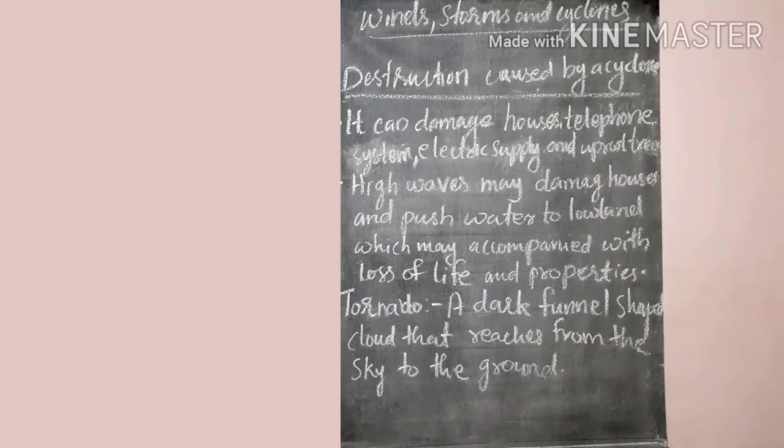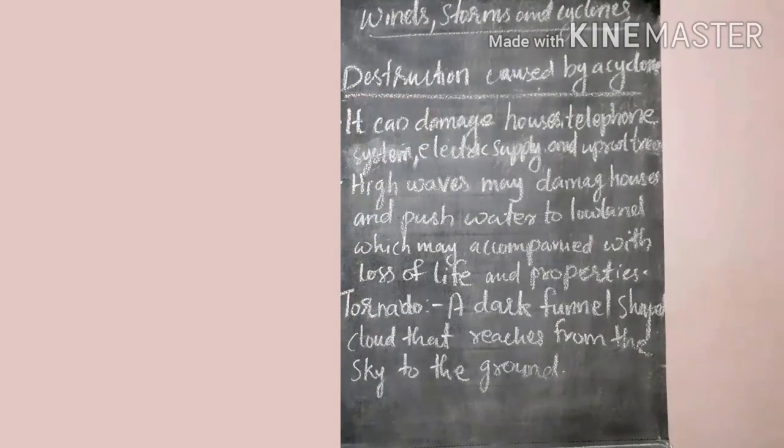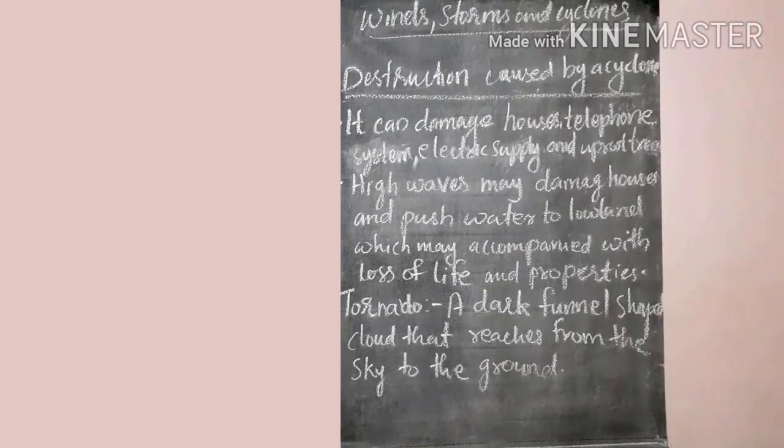Children, next we can look at the destruction caused by a cyclone. It can damage houses, telephone and other communication systems, which may cause destruction in electric supply, and sometimes uproot trees and plants.